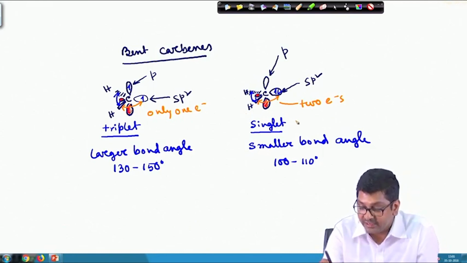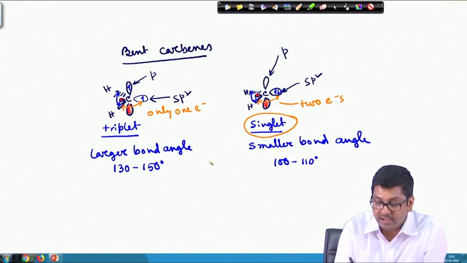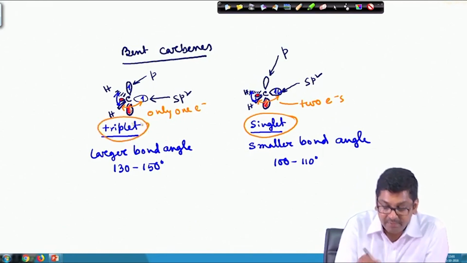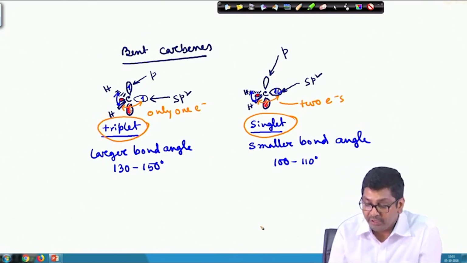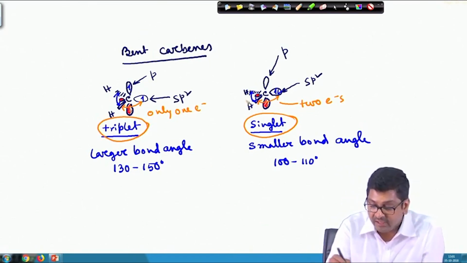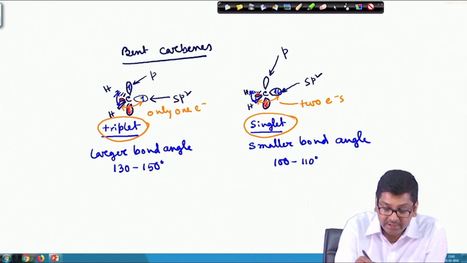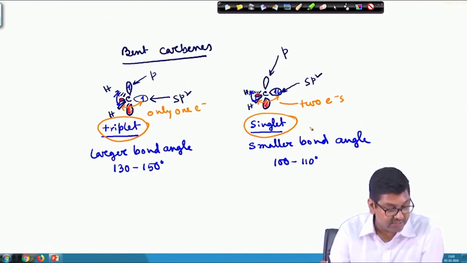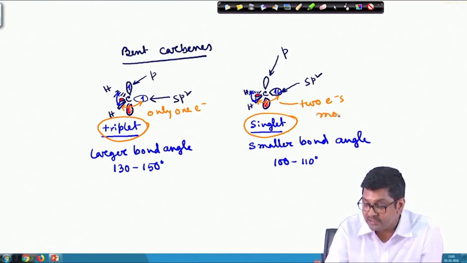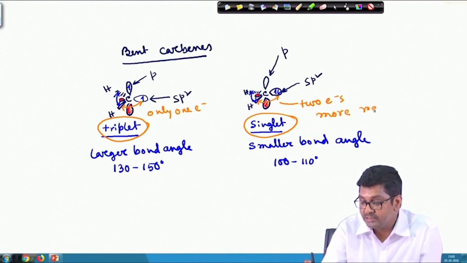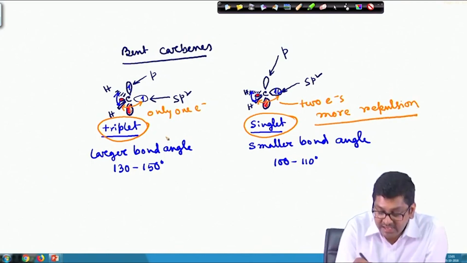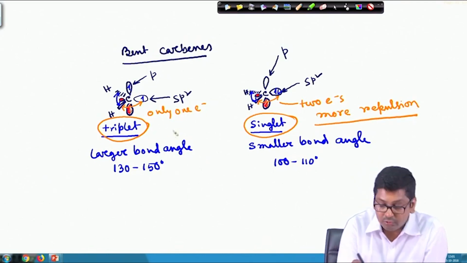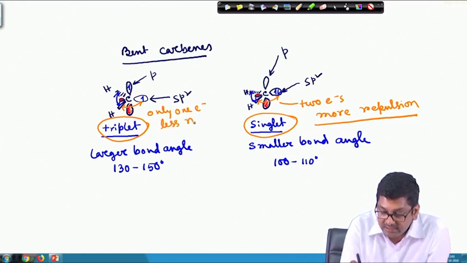So, for the singlet case the repulsion will be higher than the triplet case, and if the repulsion is higher, then automatically the bond angle will decrease. In case of singlet, that means with 2 electrons, it is having more repulsion, whereas here it is only one electron, so this is having less repulsion.